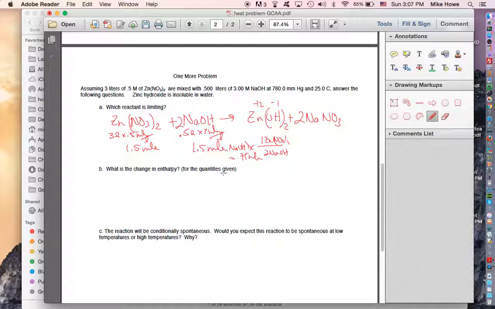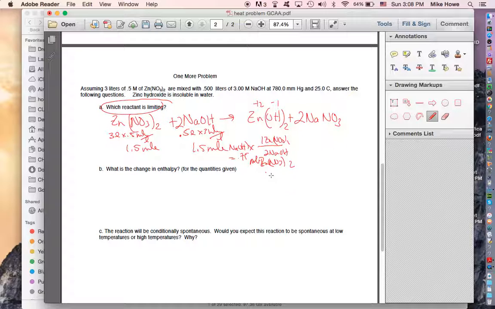You need 0.75 moles of zinc nitrate, and you have way more than that, so that's extra. So the NaOH is limiting. All right, once you know the NaOH is limiting, that's it. NaOH is limiting. That's all this question asks, which is limiting.